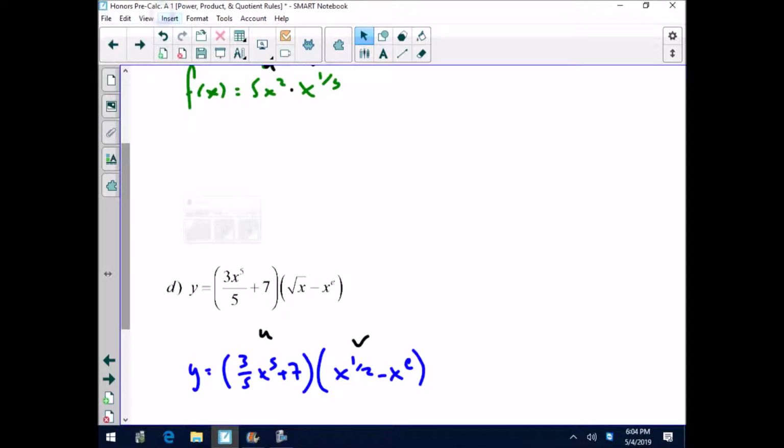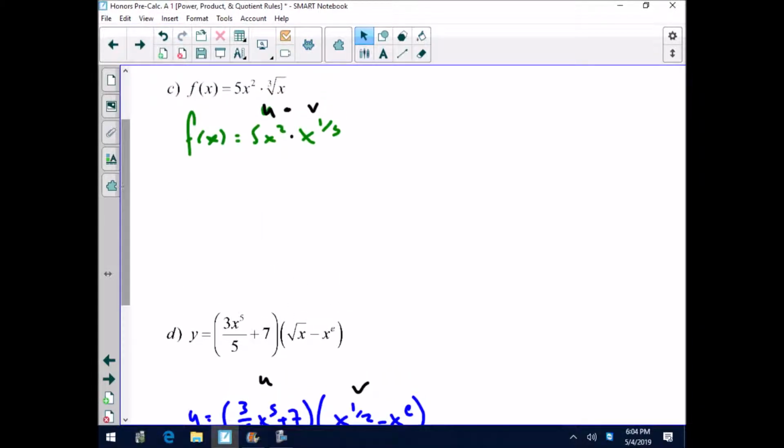All right, guys, so when we rewrite our first function, f, so that we can take the derivative of each of these terms with the product rule, we'll have our 5x squared, that's just 5x squared because we can already take the derivative of it, and that cubed root of x we can write as x to the 1/3 power.